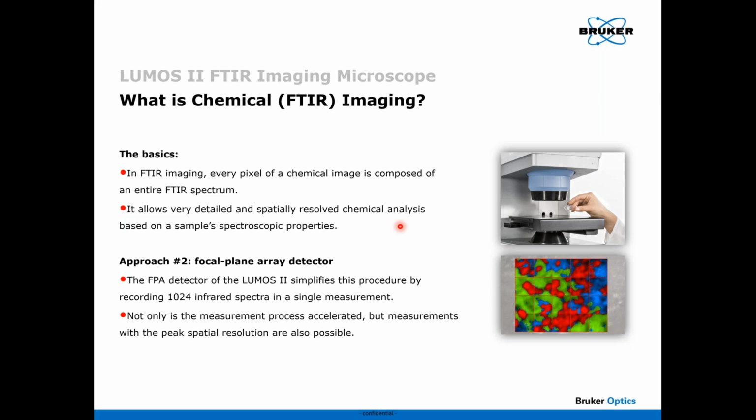It's just that efficient. So a focal plane array, or a multi-pixeled array, allows that to be done very well. I'm going through this pretty quickly, but a lot of detail went into the design and optimization of this infrared microscope, called the Lumos 2, for doing spectroscopic imaging.